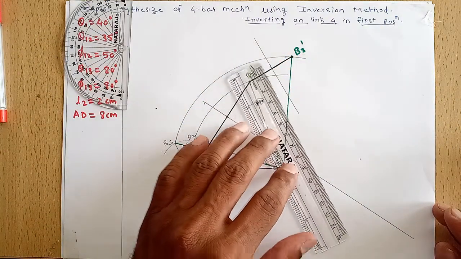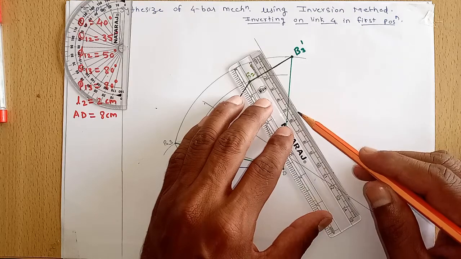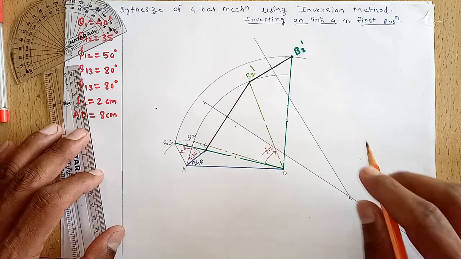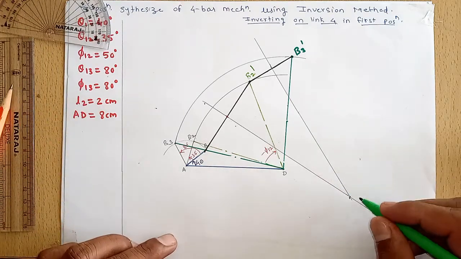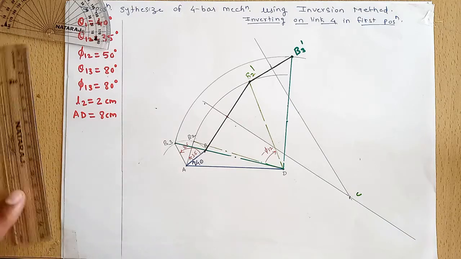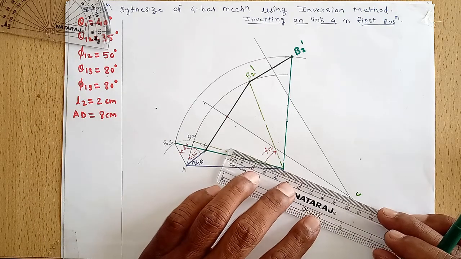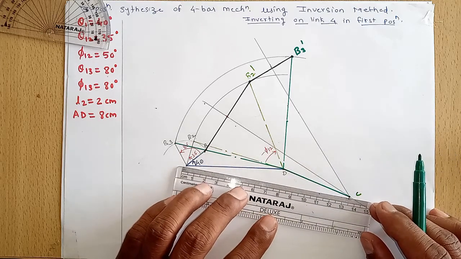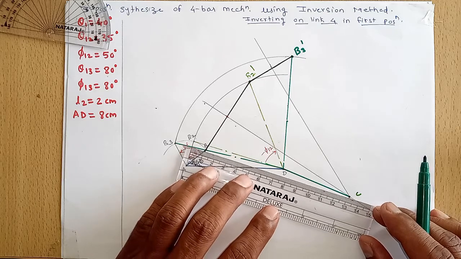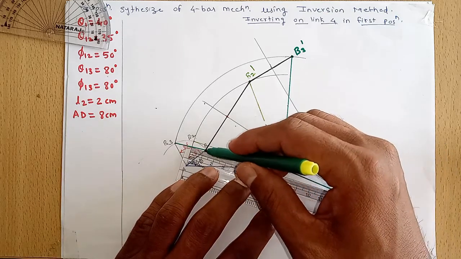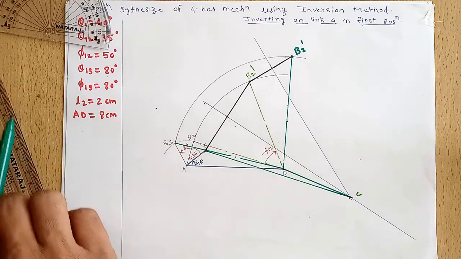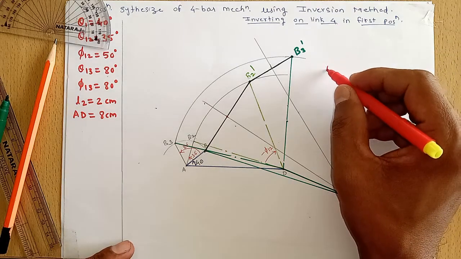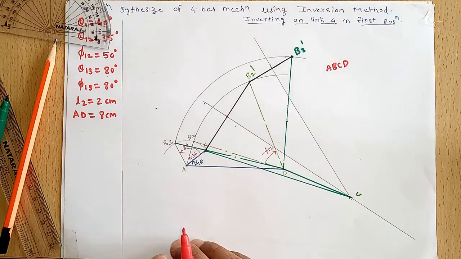We'll extend that mid normal to intersect the mid normal of B1 dash B2 dash, and these 2 will intersect at point C. Next we join C to D and A to C, B to C. So ABCD is the required 4-bar mechanism.